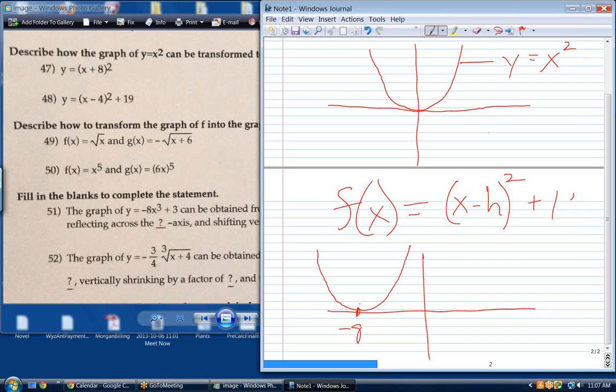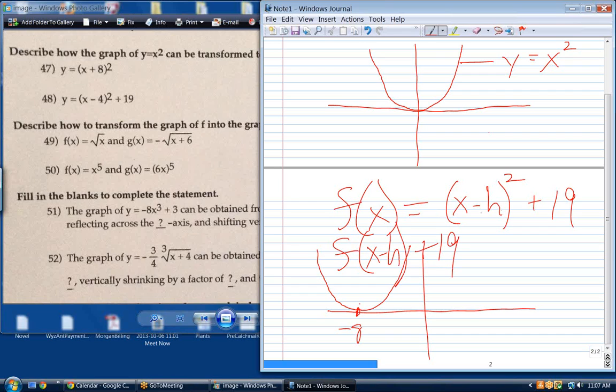What's the consequence of the plus 19? Do you move up 19? Yes, vertical shift, because this is not f of x minus h, but then it's plus 19 afterwards.